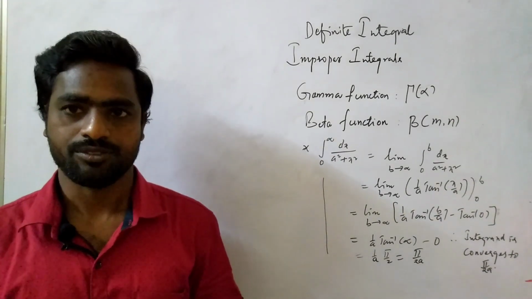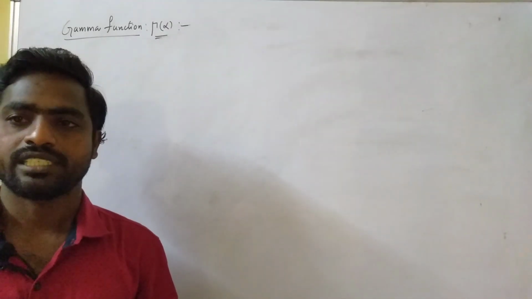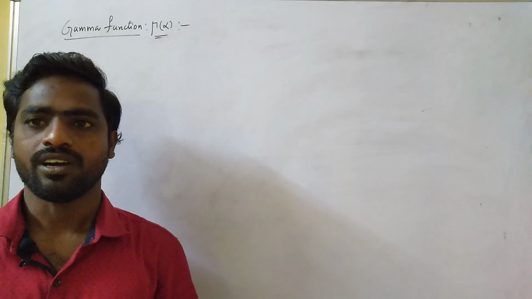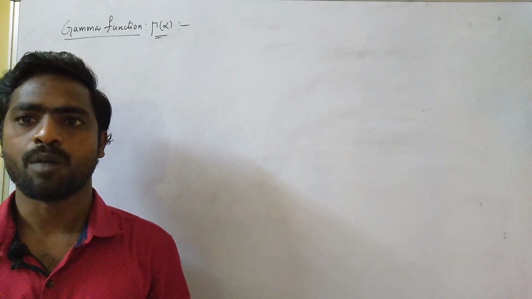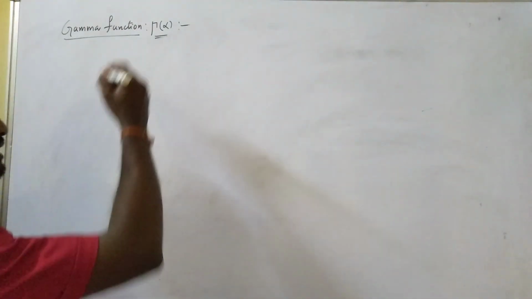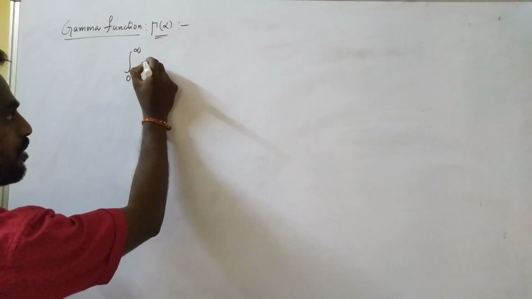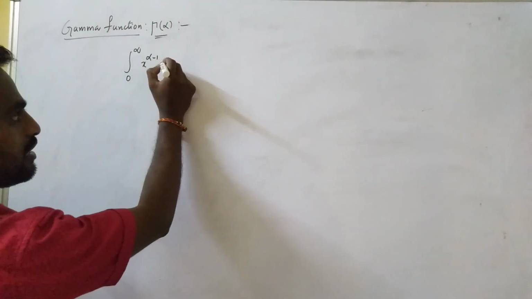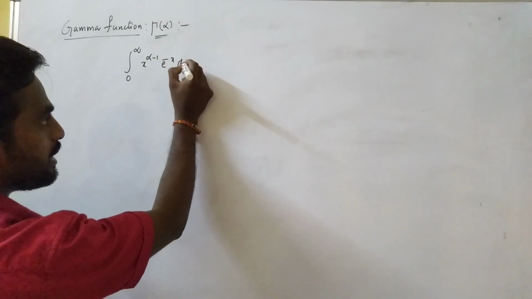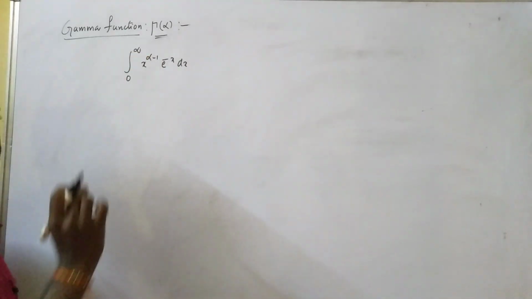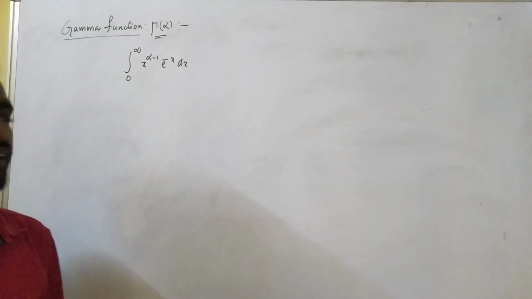Our next topic is gamma function. So gamma function is the integrand function which is an improper integral. That improper integral is defined as the integral 0 to infinity x to the power of alpha minus 1 e power minus x dx, which is improper because one of the limits is the infinite value.